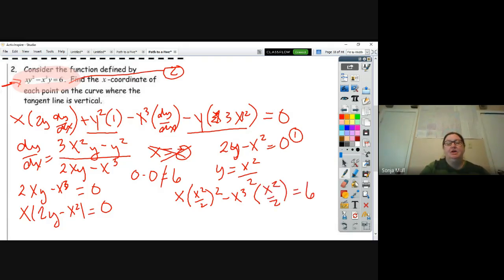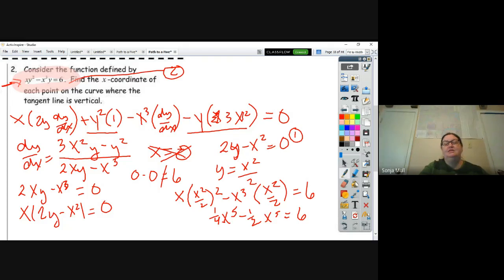So I multiply this out, and I get 1/4 x to the 5th, because x squared squared is x to the 4th times x is x to the 5th, and I also have to square the denominator. And then this is minus 1/2 x to the 5th equals 6.